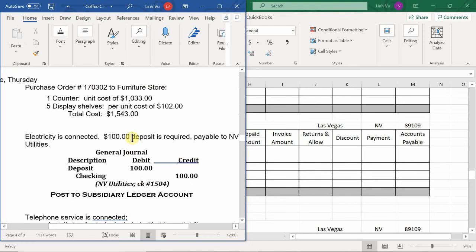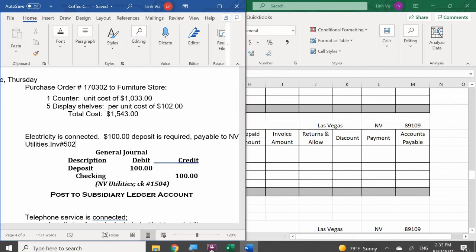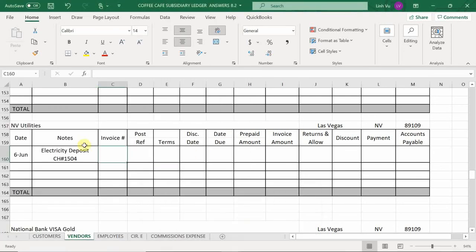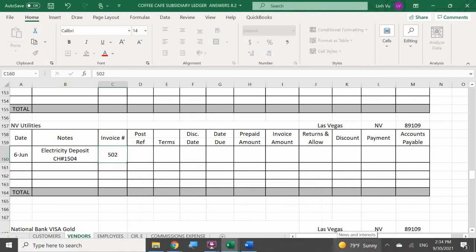So invoice number 502. Okay. So let's go back to our subledger here, invoice number 502.